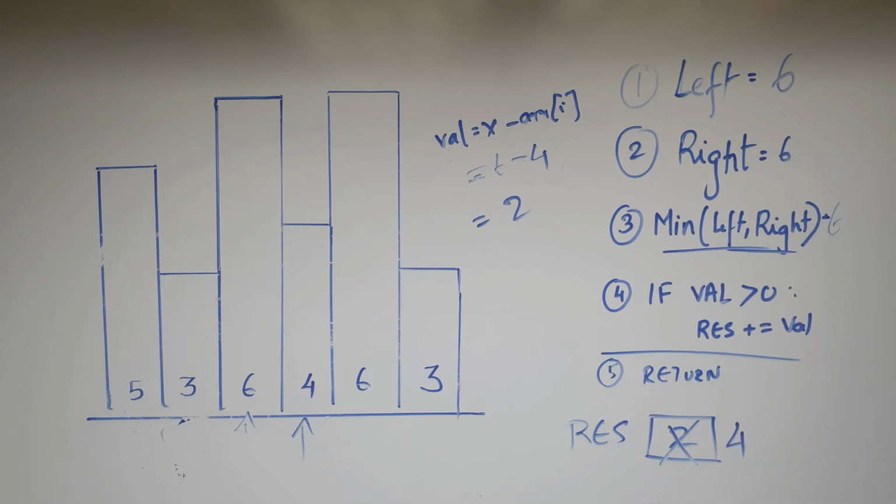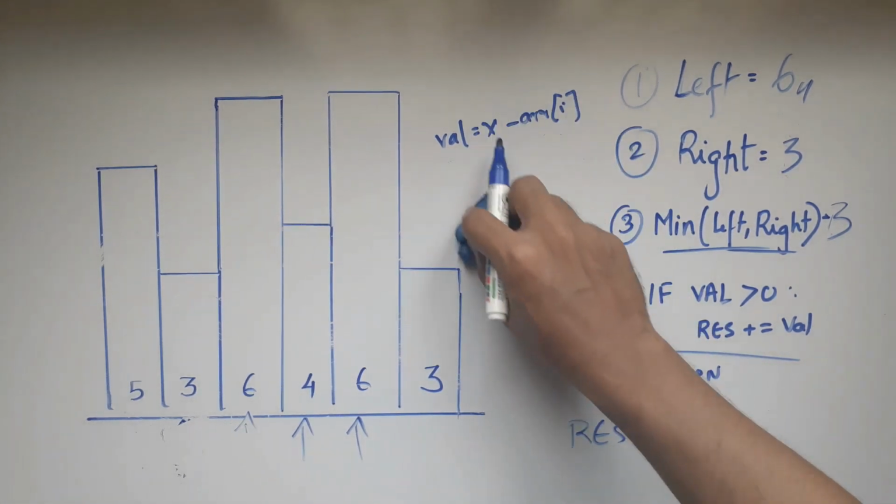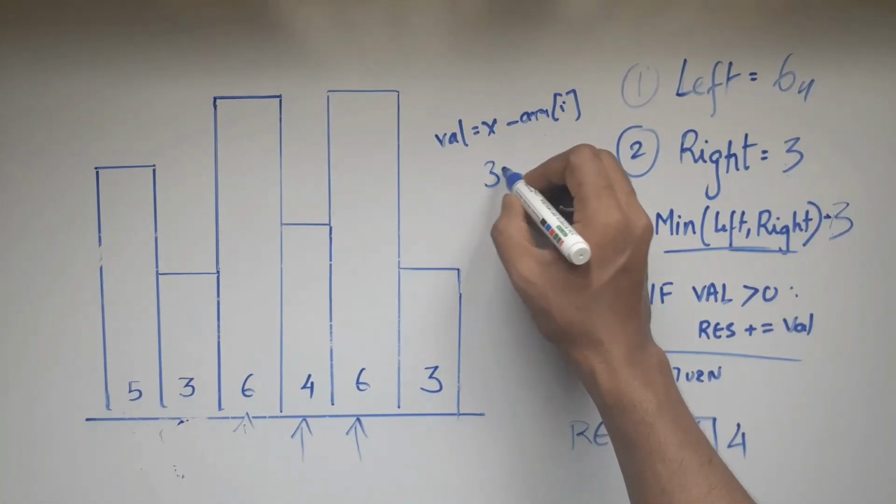Again, we'll increment this pointer so that it points to 6, and we'll see what is the largest value on our left. Largest value is 6, right? We have a largest value of 3 this time. So what is our minimum? Minimum will be 3. So if we find, our value will be equal to 3 minus the array value.